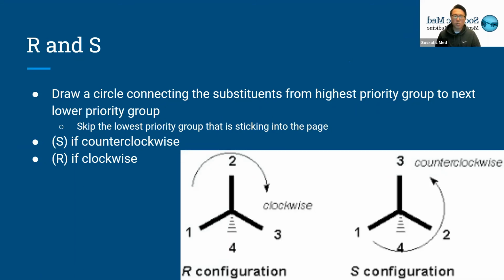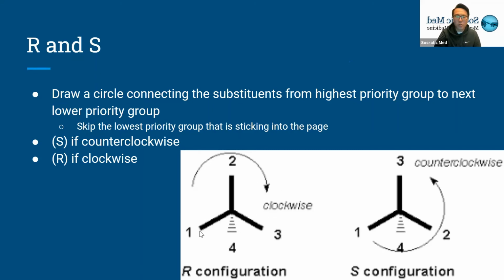And this is to determine if it's an R or S configuration for that chiral center. So it's an S configuration if the circle that you draw is a counterclockwise circle, and then an R configuration if it's a clockwise circle.